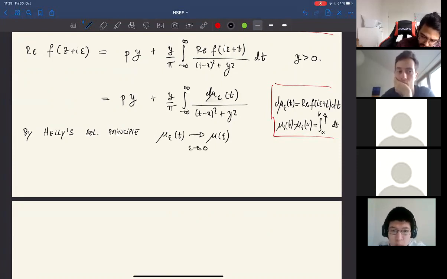But I always keep in mind that it is under a certain subsequence of epsilons going to 0. Okay.